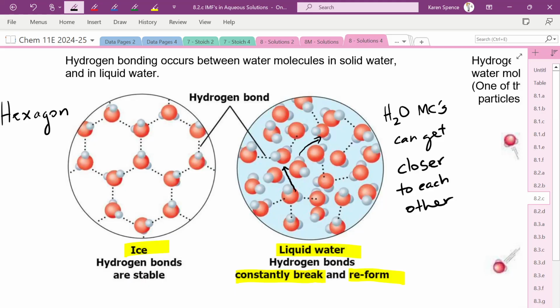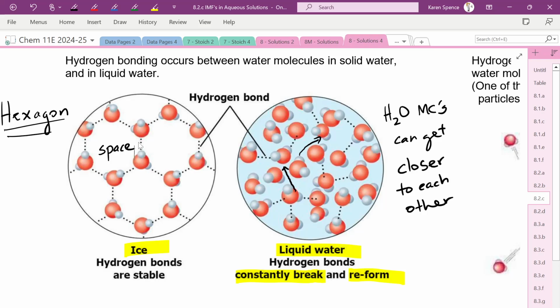What property of water is kind of weird that is explained by the fact that we have this hexagon with lots of empty space in it, and that the water molecules are more tightly packed in liquid water? What's kind of strange about water? Solid water versus liquid water. Usually solids would be more tightly packed.